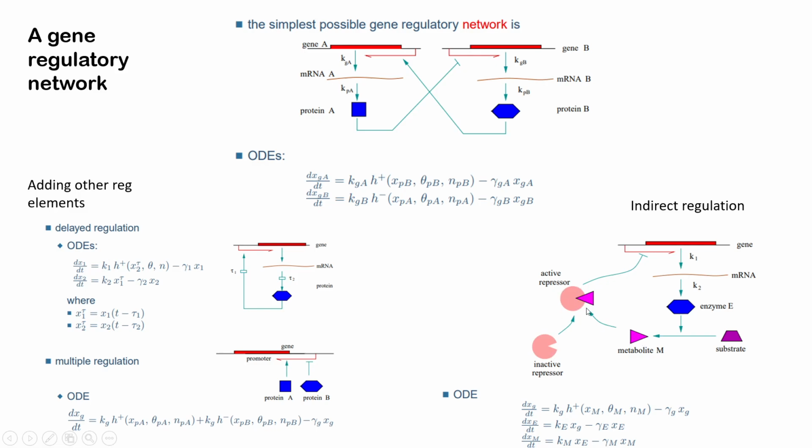Now with the help of this metabolite, this repressor is active, which then represses this gene. So this is a more complicated process that is going on. So these also you can, not very easily, but with the help of these parameters and ODEs, you can model this. So you'll have your enzyme, your metabolite, and your gene. Three things you need to model together. So here the level of complexity increases.